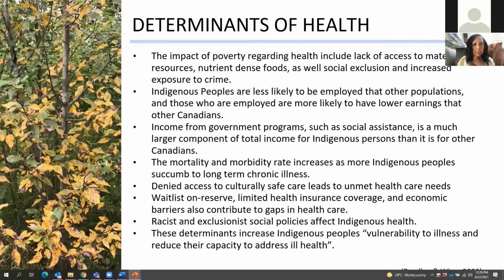If you want to flip the slide. So I don't want to go through all of these. I wish we had more time, but just to say that the impact of poverty is palpable.